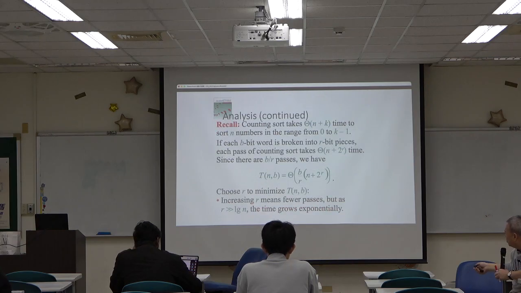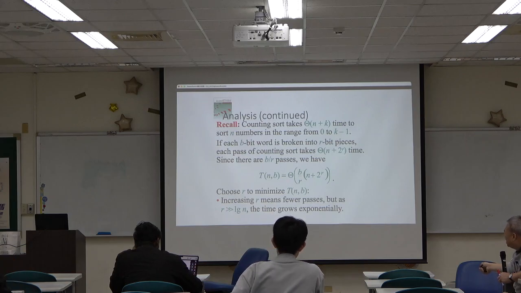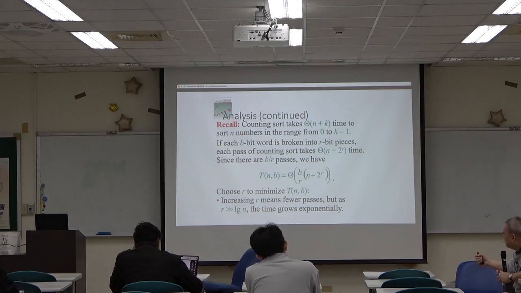If we write it more formally, counting sort takes theta of n plus k time to sort n numbers in the range from 0 to k minus 1. If each b-bit word is broken into r-bit pieces, then each pass of counting sort takes theta of n plus 2 to the power r time, because k ranges from 0 to 2 to the power r minus 1. So the size of k is 2 to the power r.